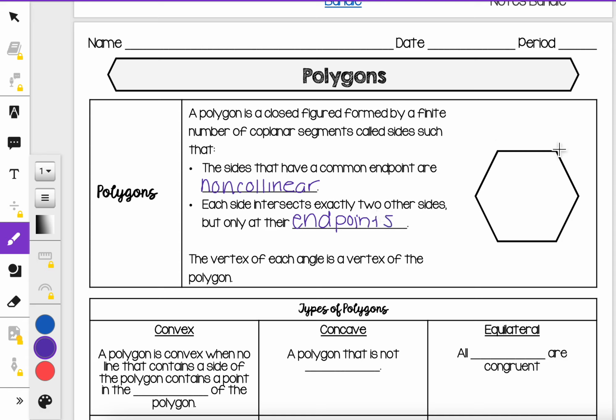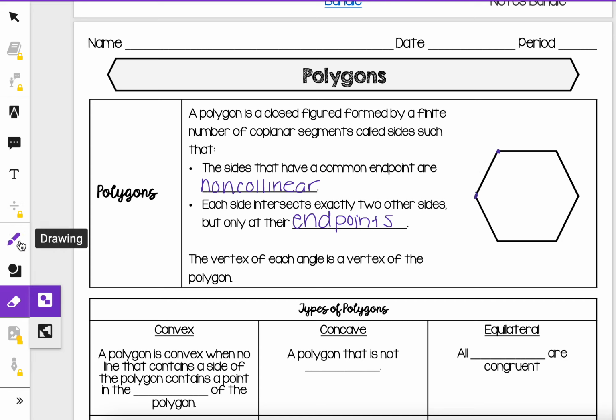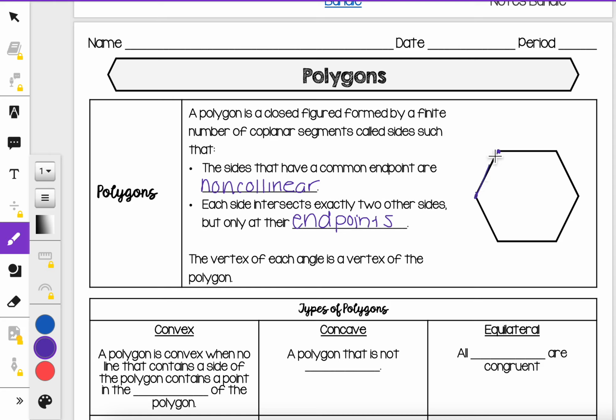So if we look at this polygon here, we have 1, 2, 3, 4, 5, 6 sides, and each of those sides, we see this side here intersects these two sides, and they intersect them at their endpoints. Okay, we see that when we have these line segments, we have all of these different angles that are formed here.